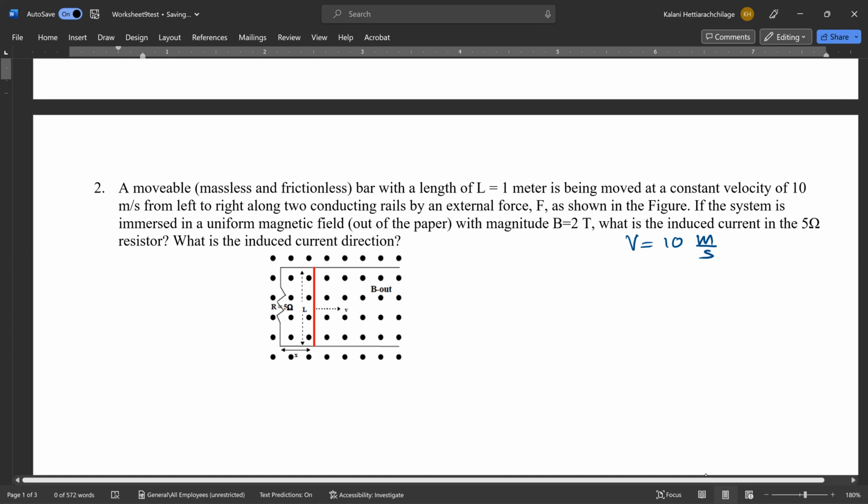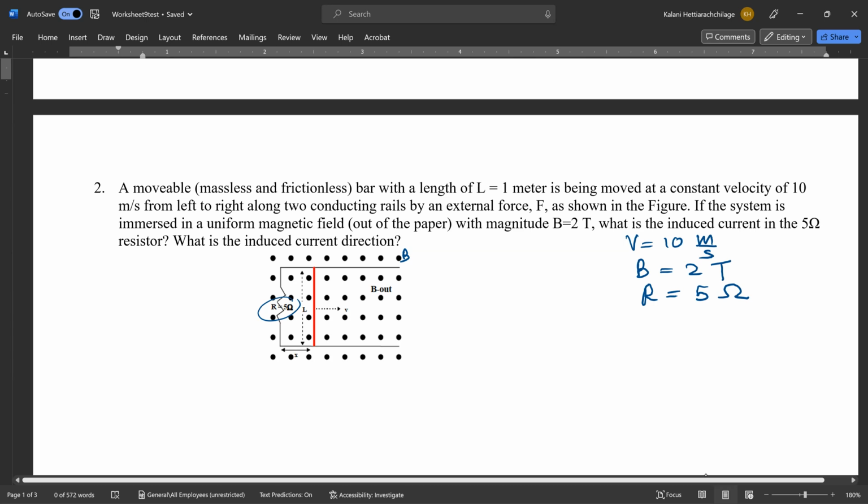If the system is immersed in a uniform magnetic field out of the page, this dot, the magnetic field is 2 Tesla. What is the induced current? I have a resistor here, R equals 5 ohms. We need to calculate the induced current and also the direction.